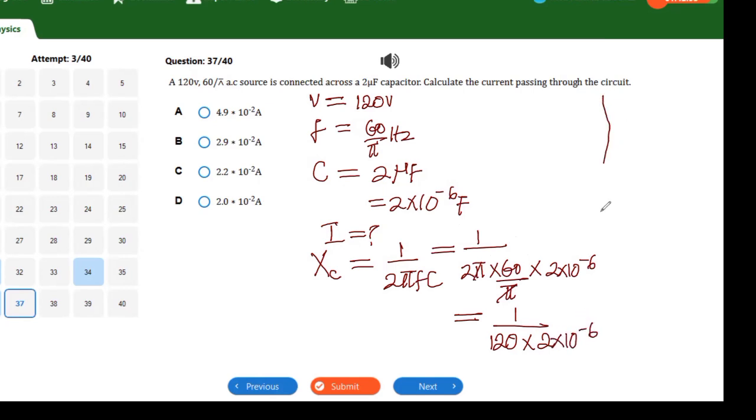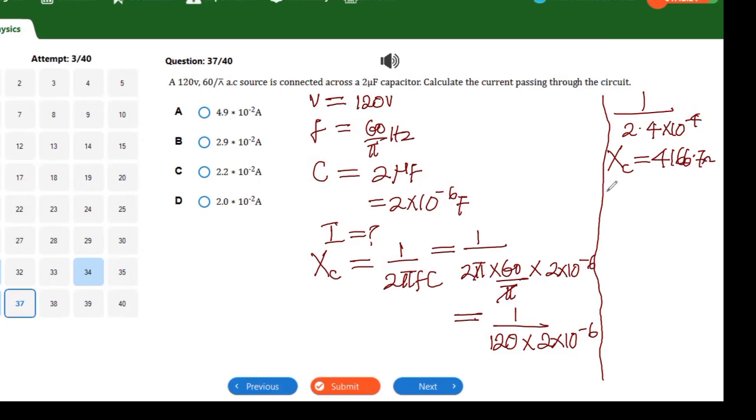That gives 1 over 2.4 times 10 raised to power minus 4. So our capacitive reactance is 4166.7 ohms. Is that clear?